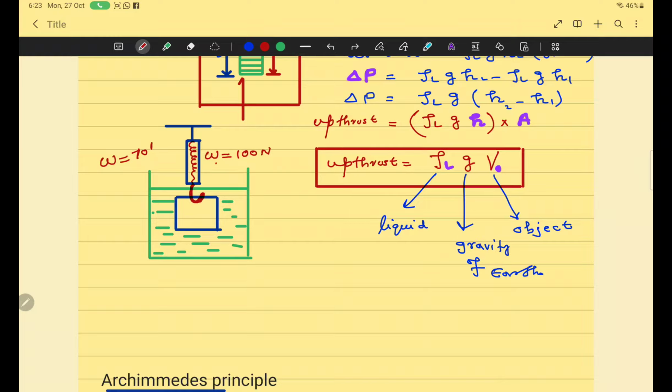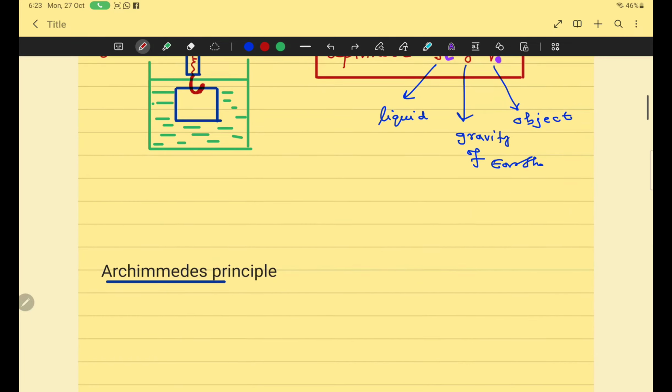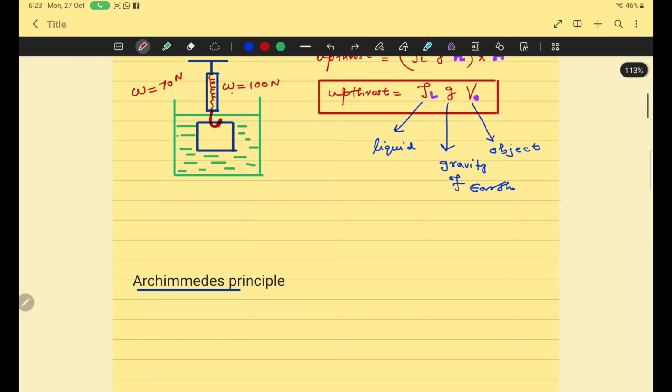It means the weight of the object decreased. And this is the statement of Archimedes. You should note this down because this definition will be used in this chapter.